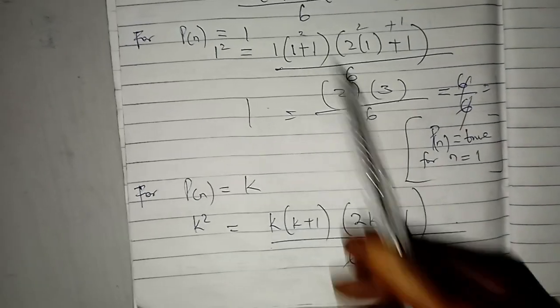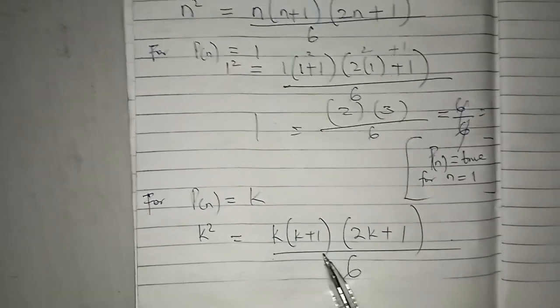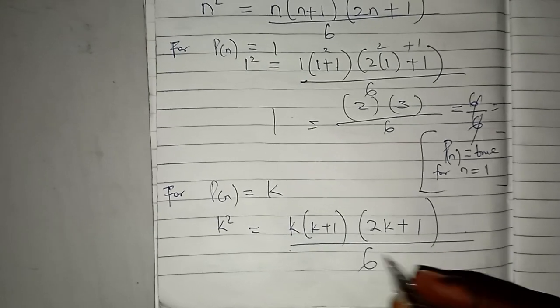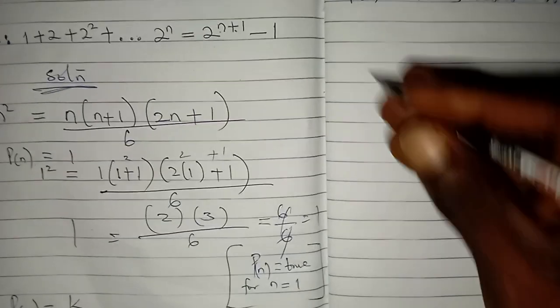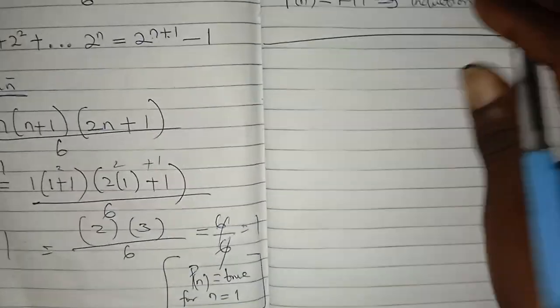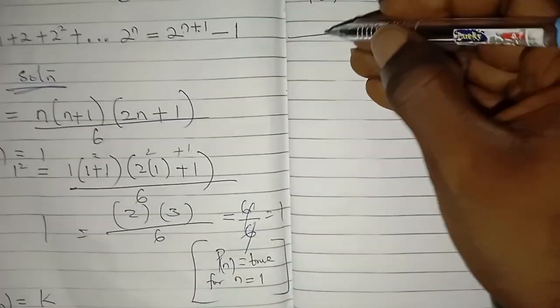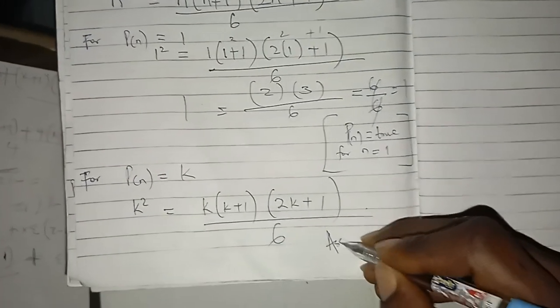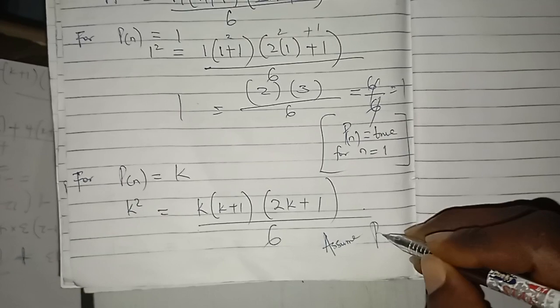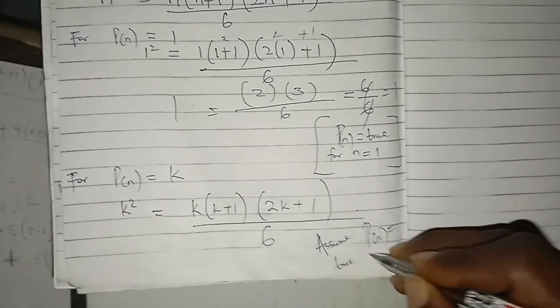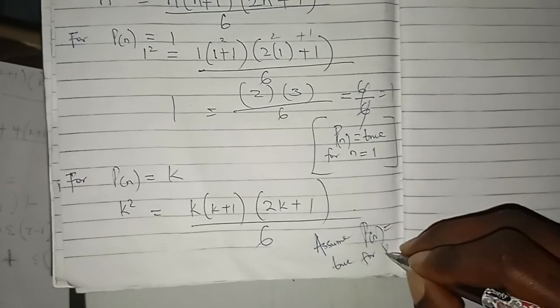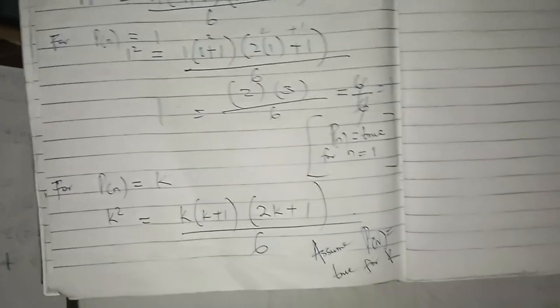So k plus 1, 2k plus 1 all over 6. Alright, so let's continue this one. So we just say assume P of n to be true for k, just like that.